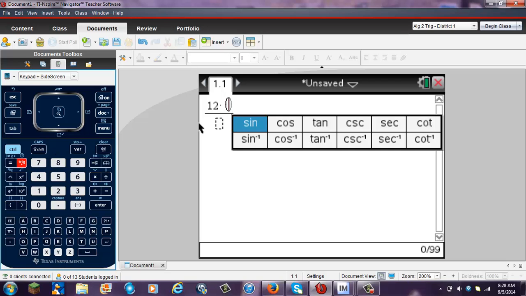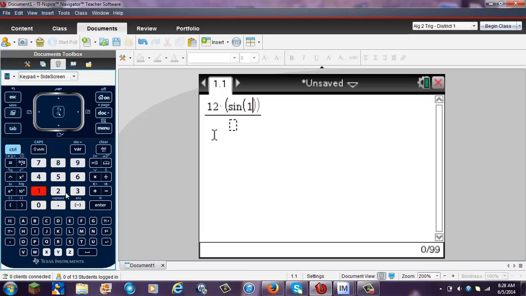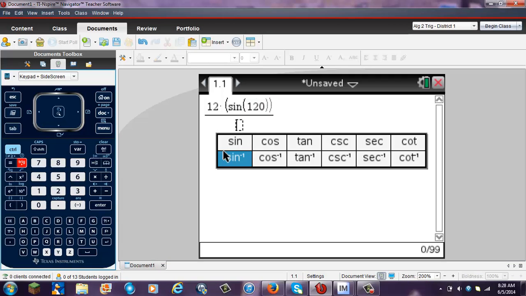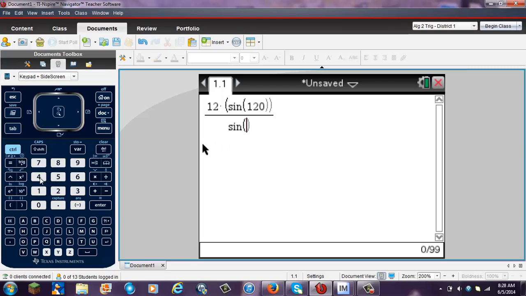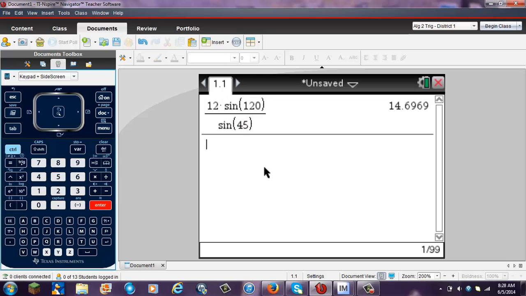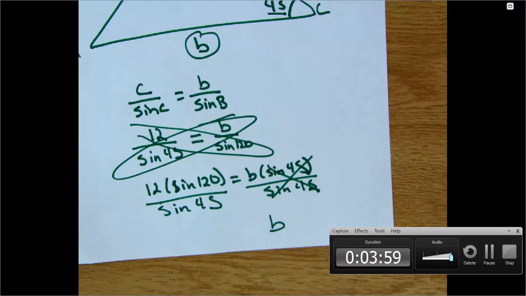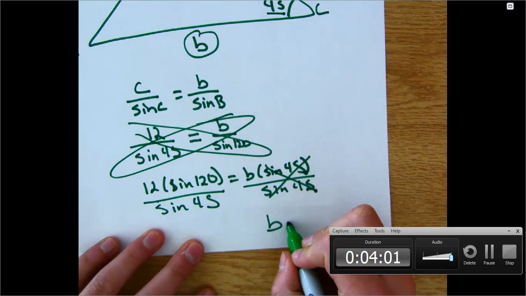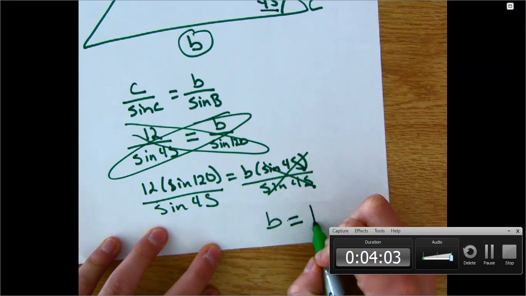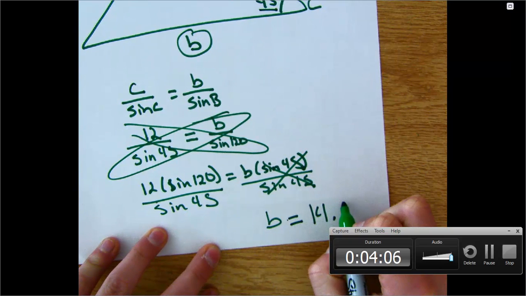Press the trig button, which is where you get all your sine, cosine, tangent, and then click sine 120, and then you put that over, again the trig button, sine 45, and then click enter, and you get 14.6969 repeating. And now you know b is equal to 14.7.